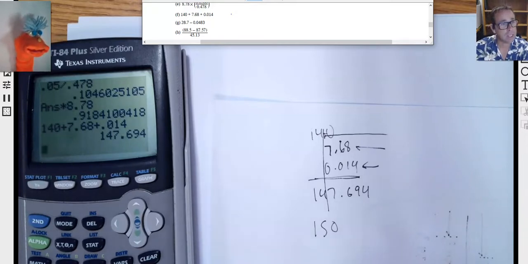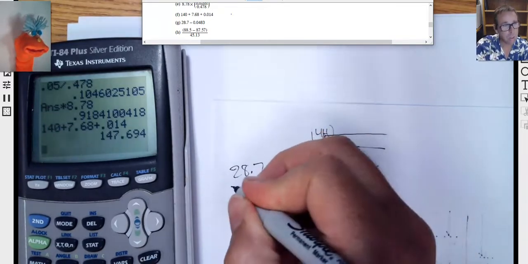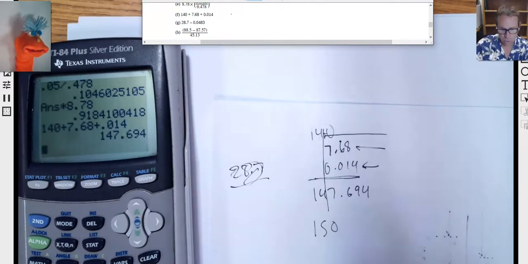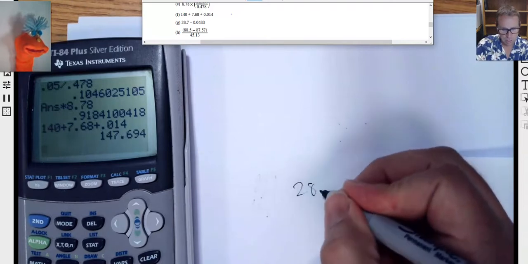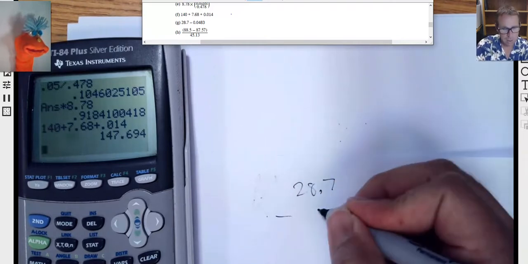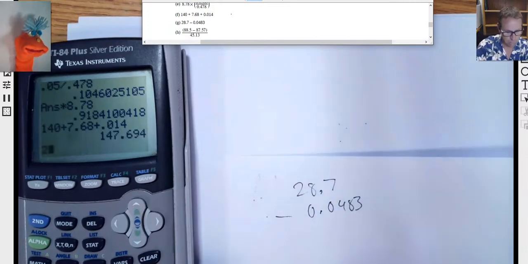So G, subtraction, 28.7. Let's try that again with a fresh piece of paper. Here we go. 28.7 minus 0.0483.